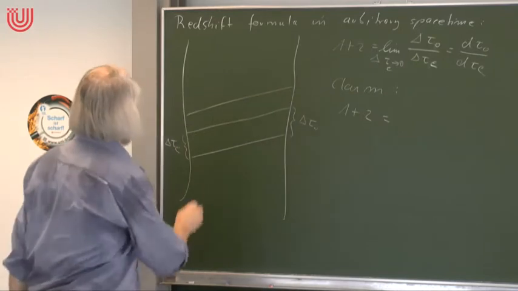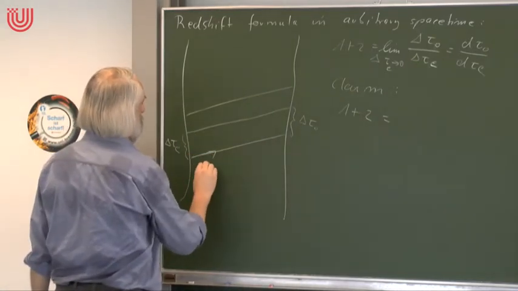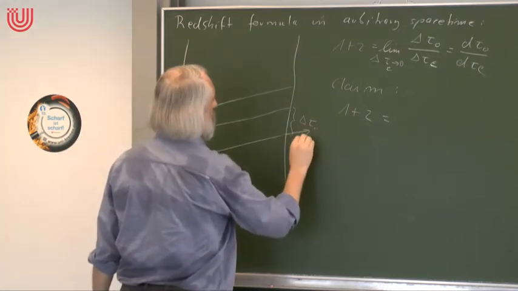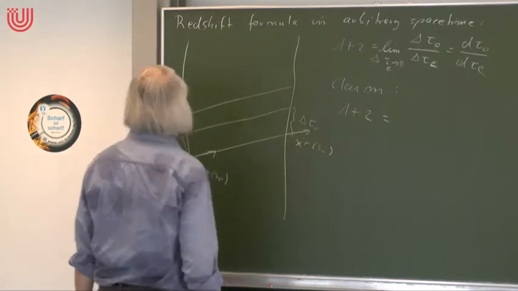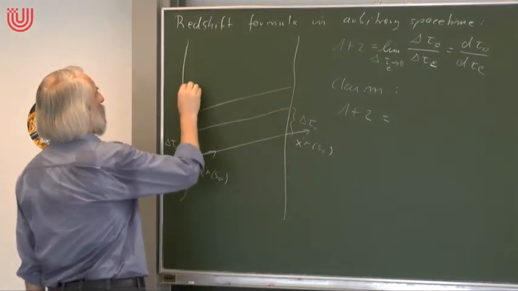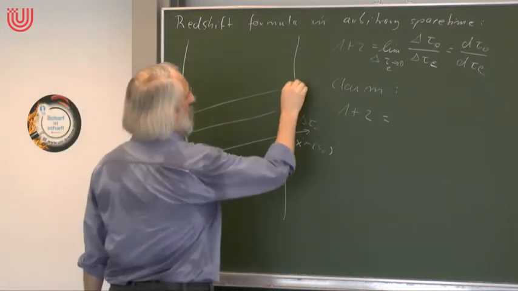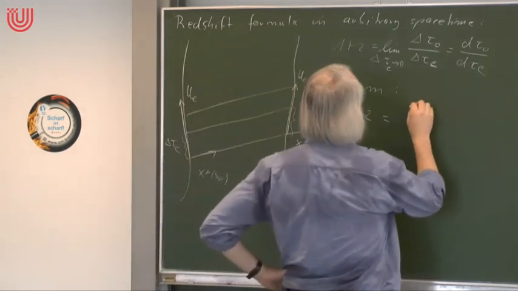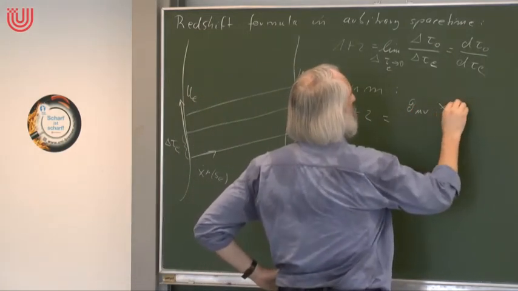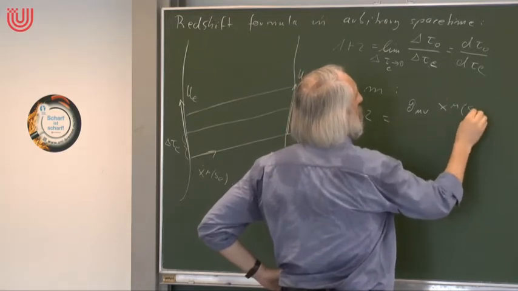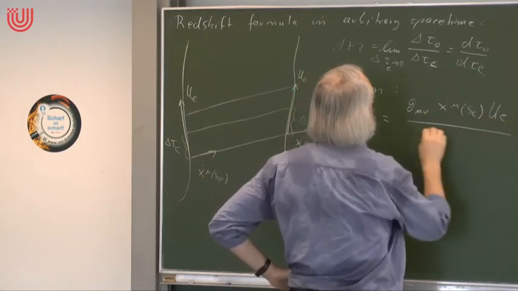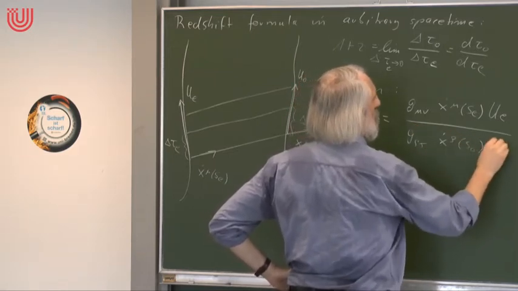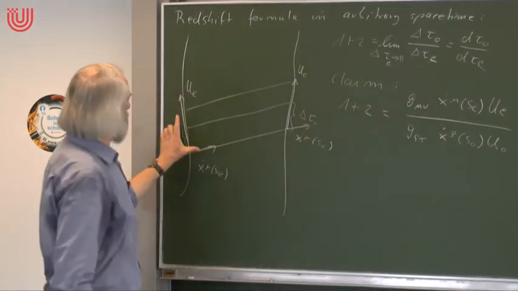Namely, my claim is: if this is the tangent vector to the geodesic, x mu dot at SE, and that's the tangent vector x mu dot at SO, and here we have the four-velocity u_E, and here's the four-velocity u_O, then we have just the quotient g mu nu x mu dot of SE u_E^nu divided by g rho sigma x rho dot SO u_O^sigma. So you take the scalar product of the two vectors.